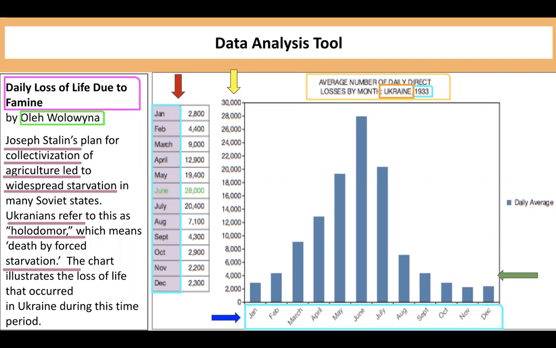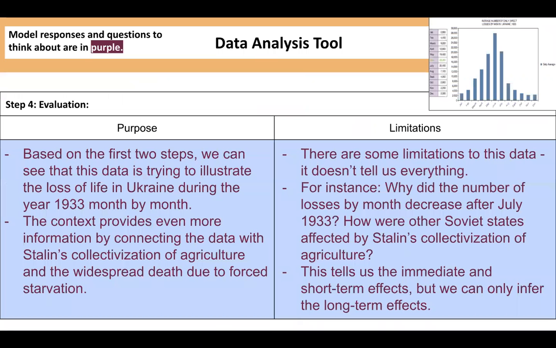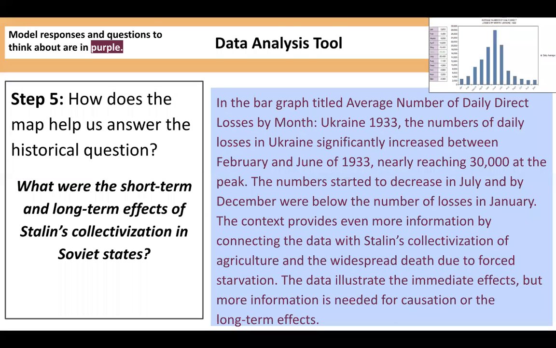So let us put everything together. Our main question was, what were the short-term and long-term effects of Stalin's collectivization in Soviet states? We only looked at one piece of data, but in that piece of data, we see a lot of things. In the bar graph titled Average Number of Daily Direct Losses by Month, Ukraine 1933, the number of daily losses in Ukraine significantly increased between February and June of 1933, nearly reaching 30,000 at the peak.